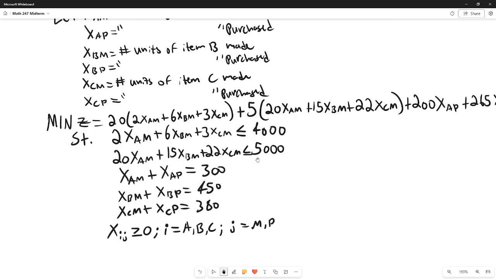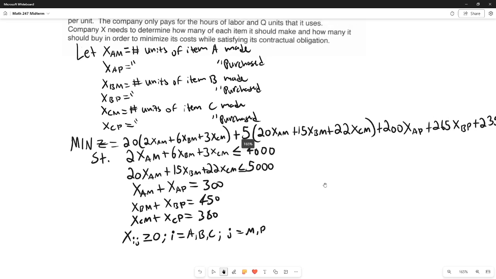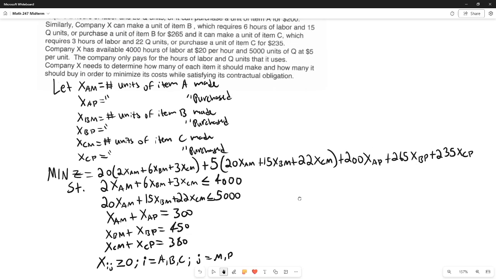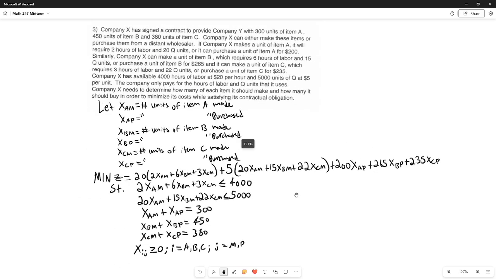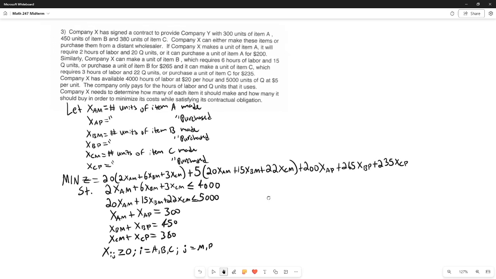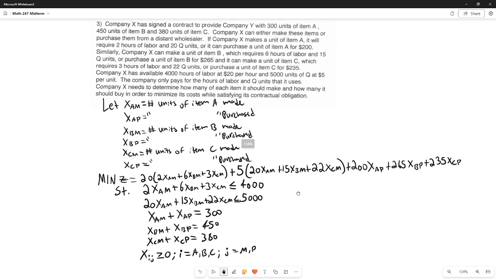And over here you would also have to do H is greater than or equal to 0 and Q is greater than or equal to 0. So it's completely up to you what you want to do. You just have to make sure you're doing it right. I'll leave that to your judgment, whatever makes the most sense to you. Personally, this one I like the most.